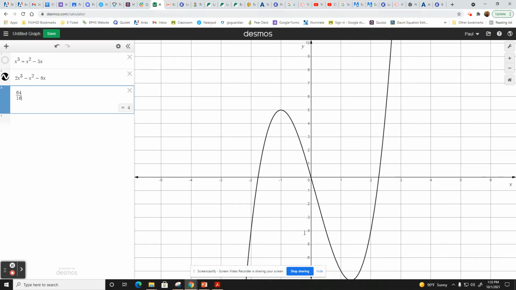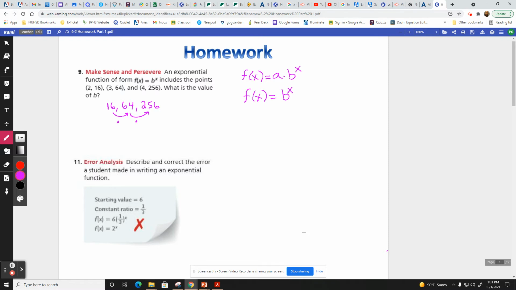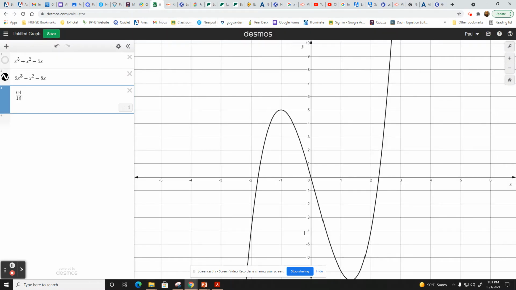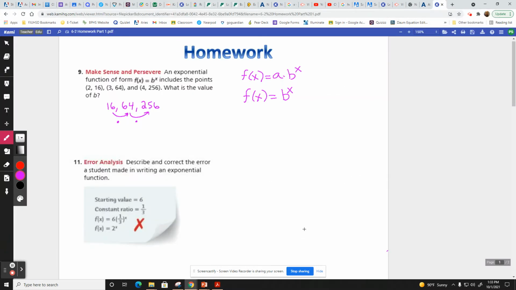Or we can do 256 divided by 64, and I still get 4. I get the same thing. That's what the common ratio is, so we're multiplying by 4, multiplying by 4.